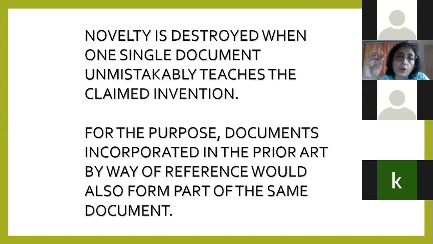And even a document which is cited as prior art, like your invention is being said to be not novel in view of a document A, and in that document A there has been citation of document B. So there the combination can be done. That also forms part of the same document.